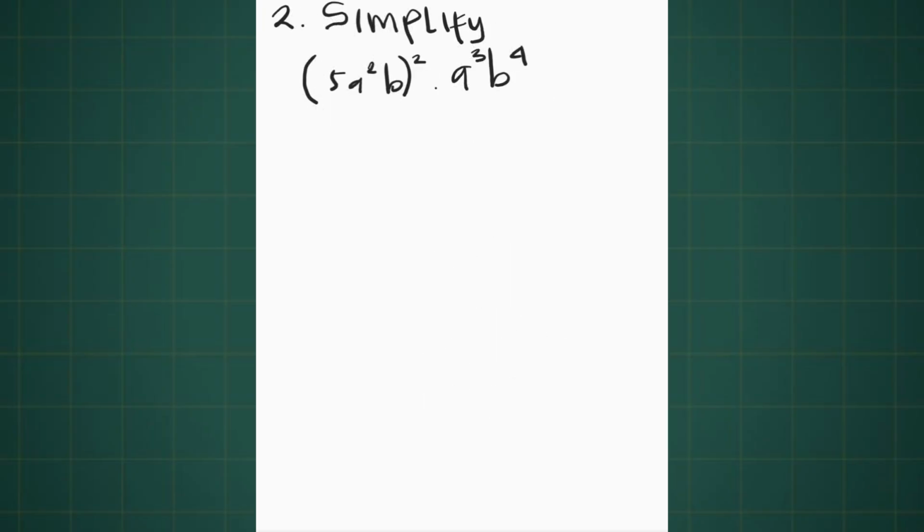Okay, next we have another example equation. Simplify 5a to the power of 2 b, all raised to the power of 2, times a to the power of 3 b to the power of 4. First, we must solve the brackets. Use the power of a product and power of a power.